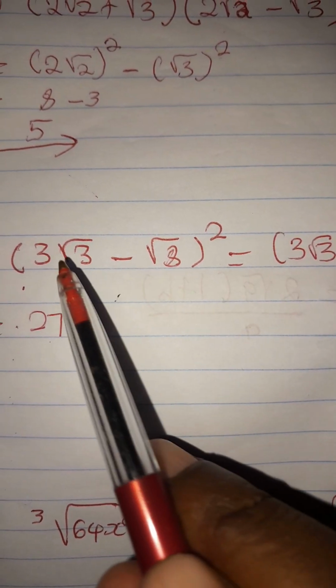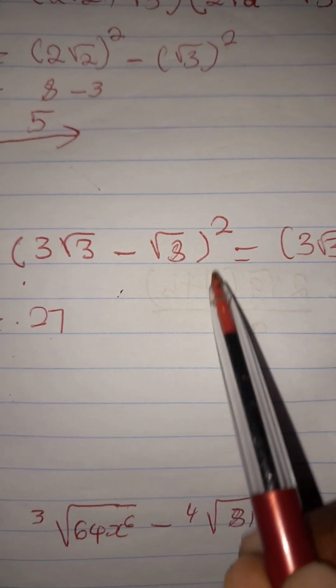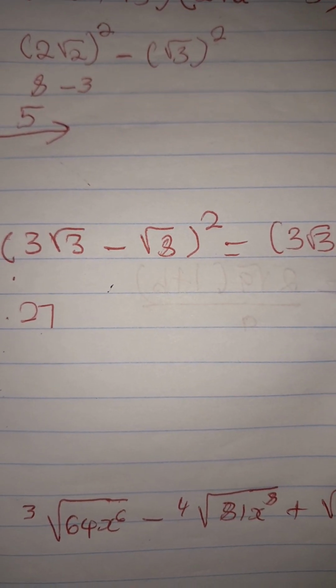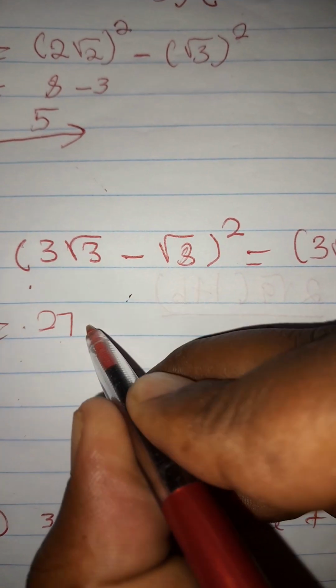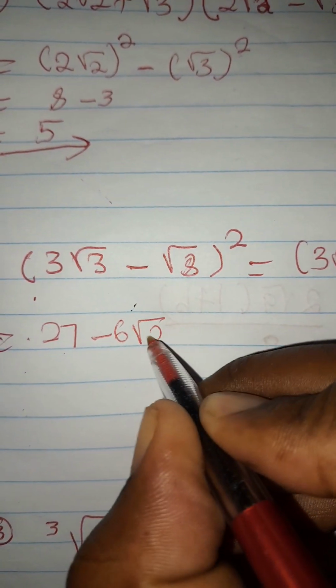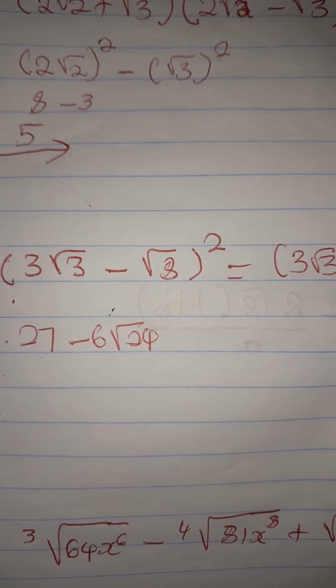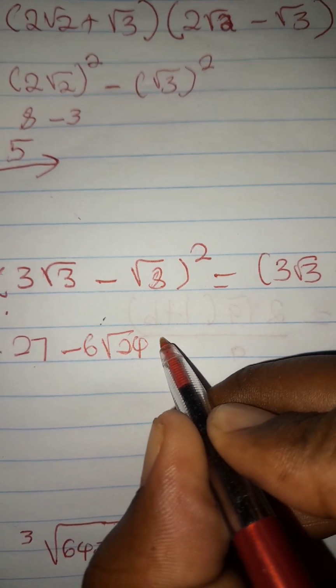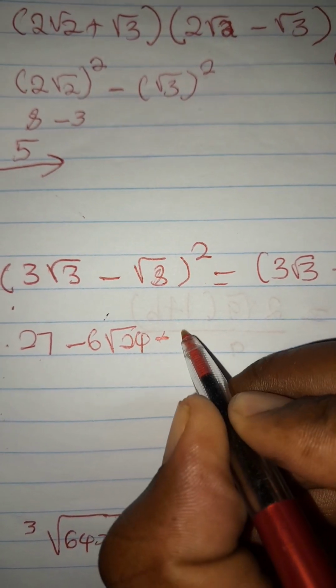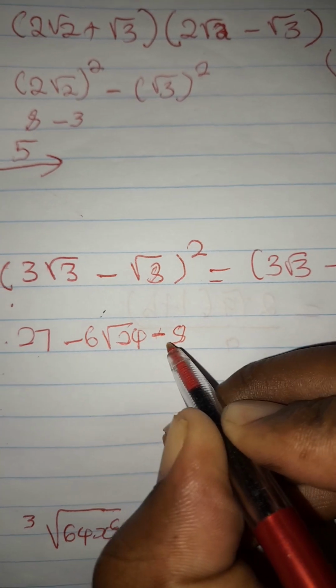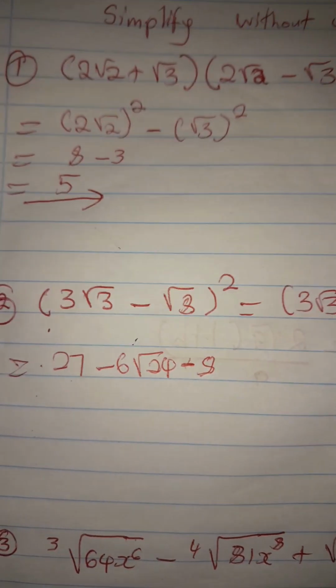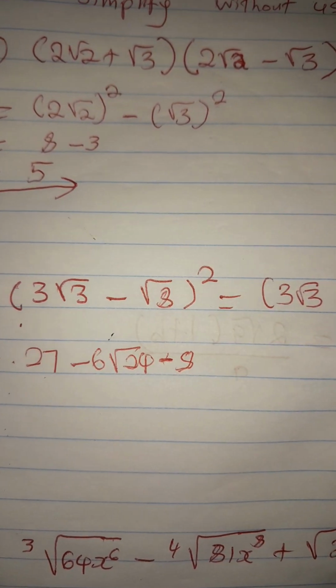Then if we multiply 3 multiplied by root 8, we are going to have 6 root 24. Yes, 6 root 24. Then you square the last term there, that will be minus 8.